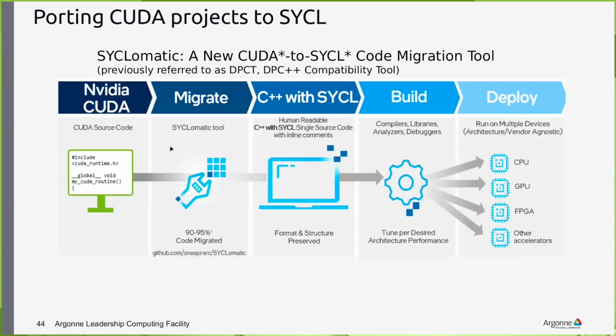The porting strategy is you take NVIDIA code and use the DPC++ compatibility tool. It migrates into an intermediate source code. This is not fully production SYCL specification compliant source, so it has SYCL headers as well as headers from the DPCT tool.